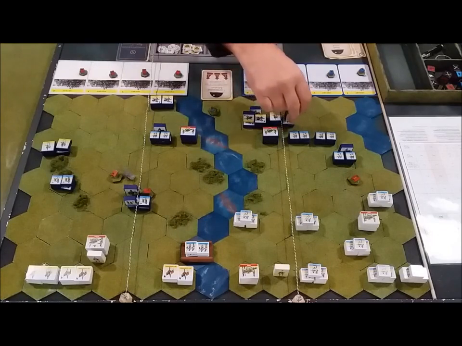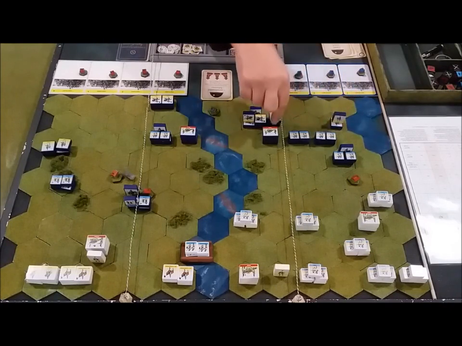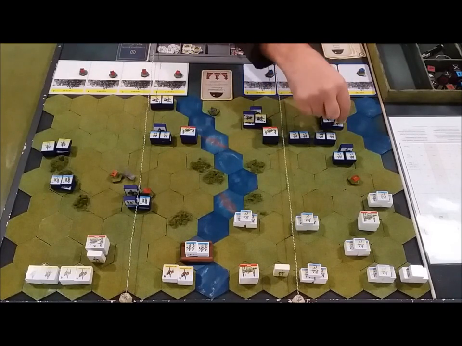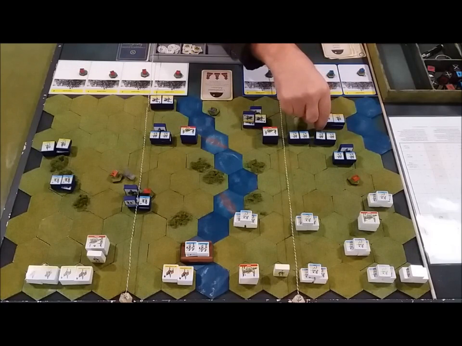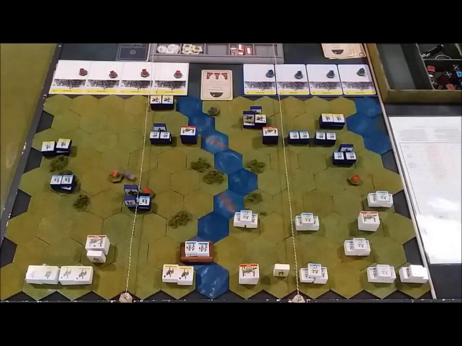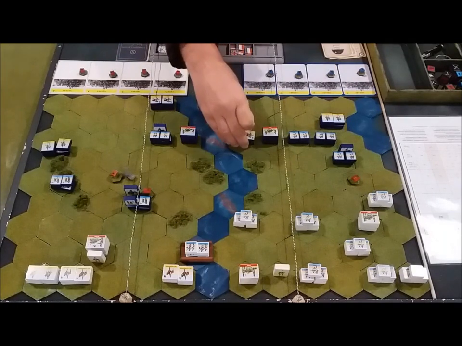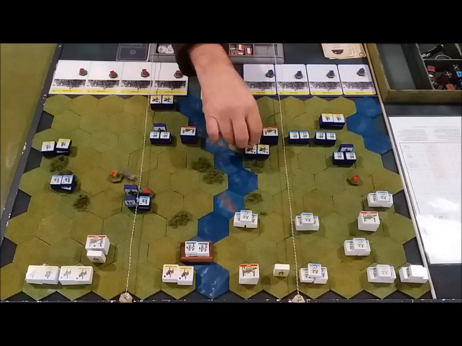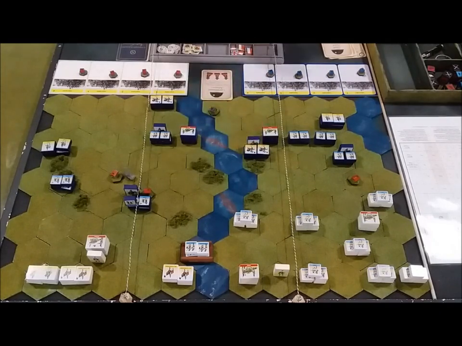And the light cavalry is going to go 1, 2 to here, because I still want to leave a retreat of 1 back here at the moment. And the heavy cav is going to go 1, 2 up into the woods, positioning themselves to come barreling out of there into the other people.